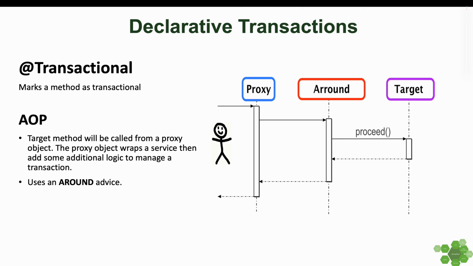So what happens is that where you have added a transactional annotation, Spring will create a proxy. Let's say you have put this in a class, and that class implements at least one interface. Spring will create a JDK dynamic proxy for you.